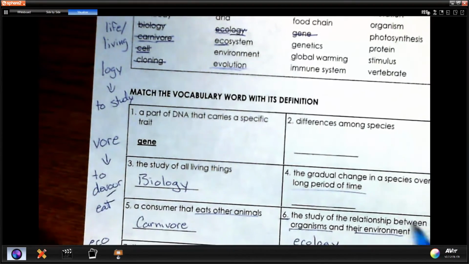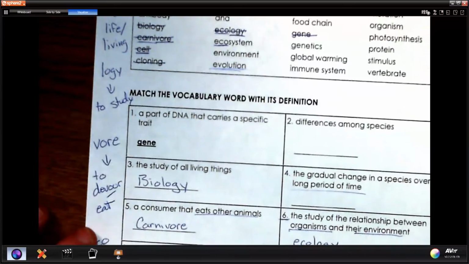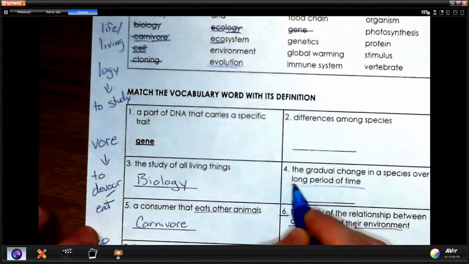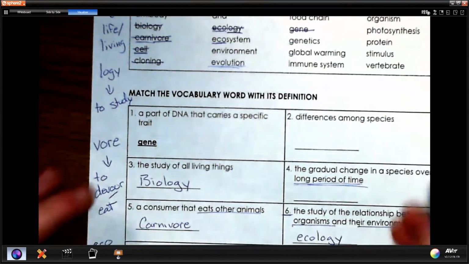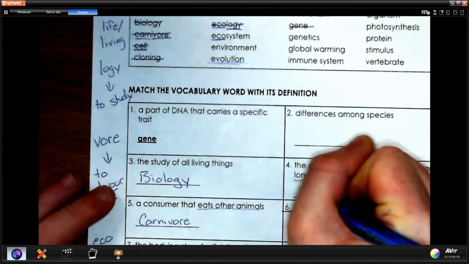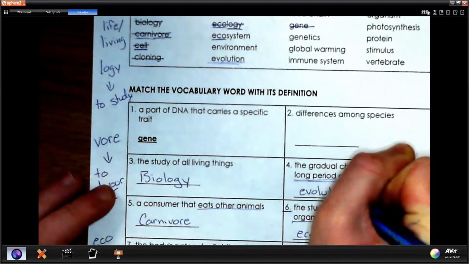Yeah, long period of time. So we're going long period of time. Part of the root of evolution, evo, which means time. Evolve, to change over time. And it's normally really, really long. Excellent.